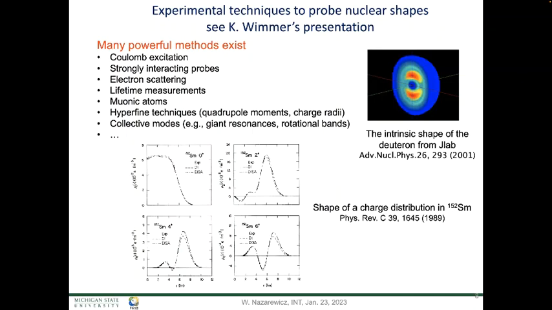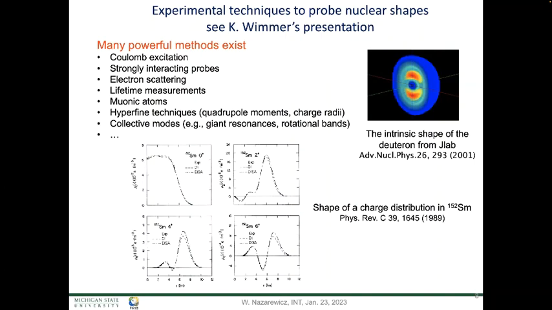There are strongly interacting probes, like experiments in which we get information on deformations by scattering protons or alpha particles off nuclei, and electron scattering, the traditional way. Lifetime measurements: we measure lifetimes of low-energy nuclear transitions, and those lifetimes are related to reduced transition probabilities, and those can be related to those multipole moments.